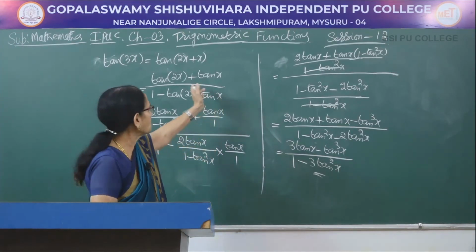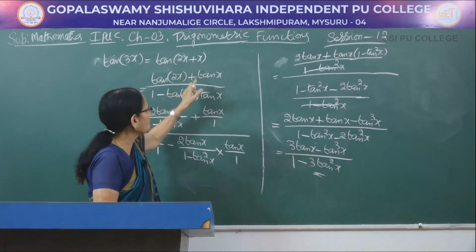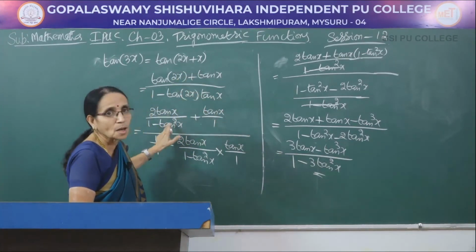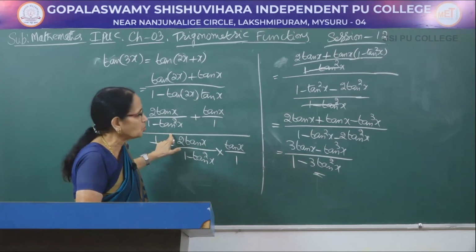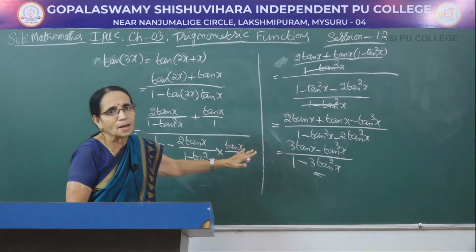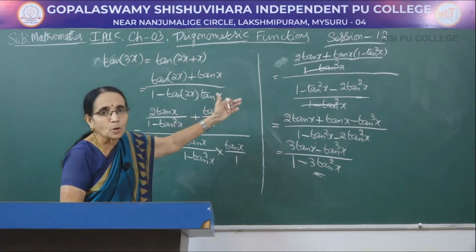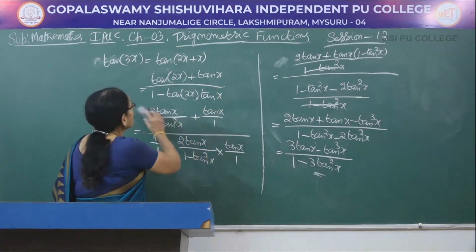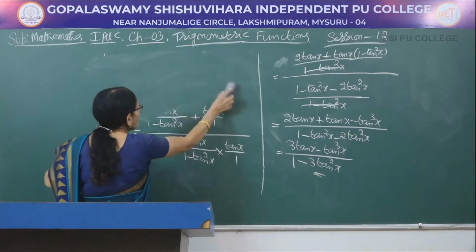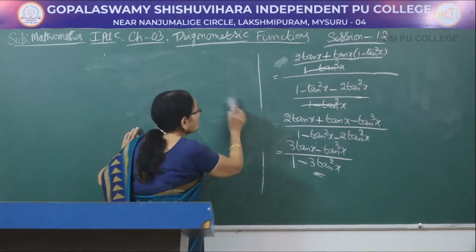In the case of tan of 3x, we are using the compound angle formula, then we are using the multiple angle formula tan of 2x, and we are doing the arithmetical calculation by taking the LCM and cancelling the LCM for both numerator denominator. Finally, we arrive at the formula, and by heart these formulae.